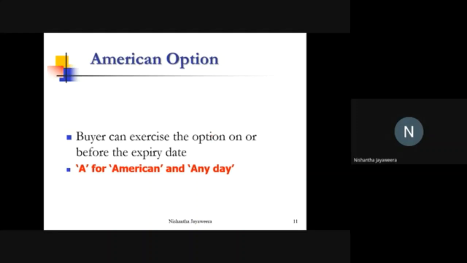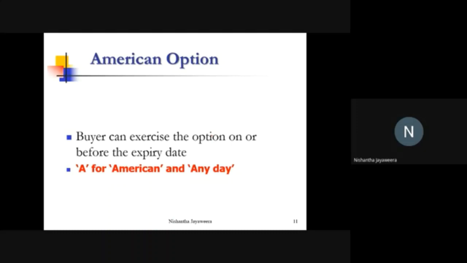In the American style option, the buyer can exercise his or her right at any time during the period, that means on or before the expiry date.